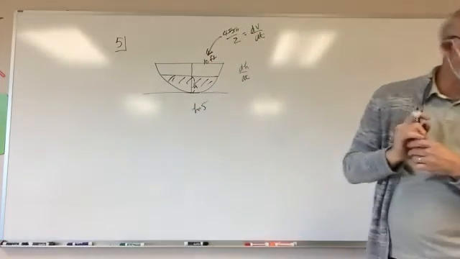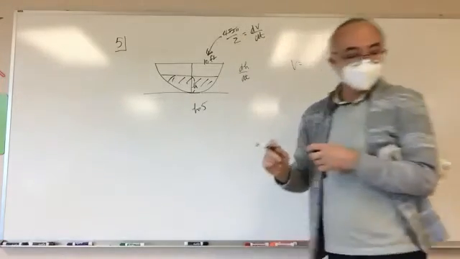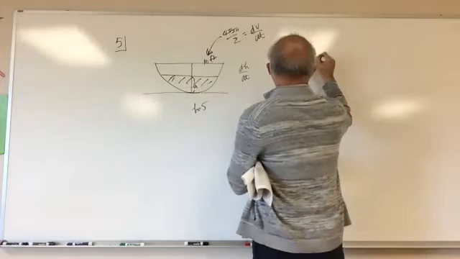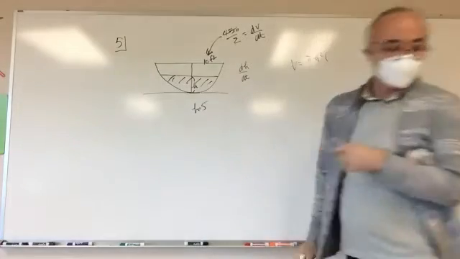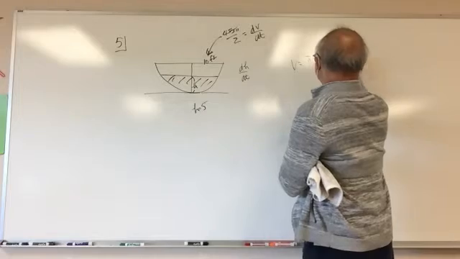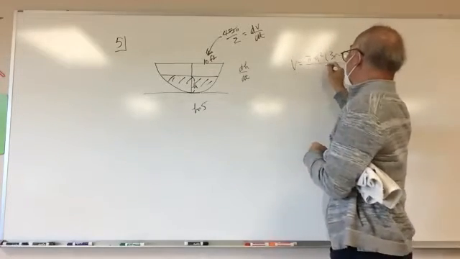But we are given V equal to pi h squared times (3r minus h) over 3. Okay, this is what it's going to look like.